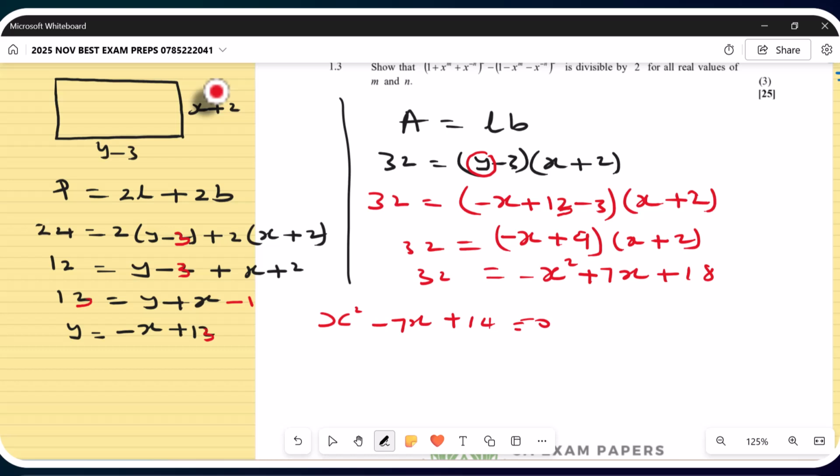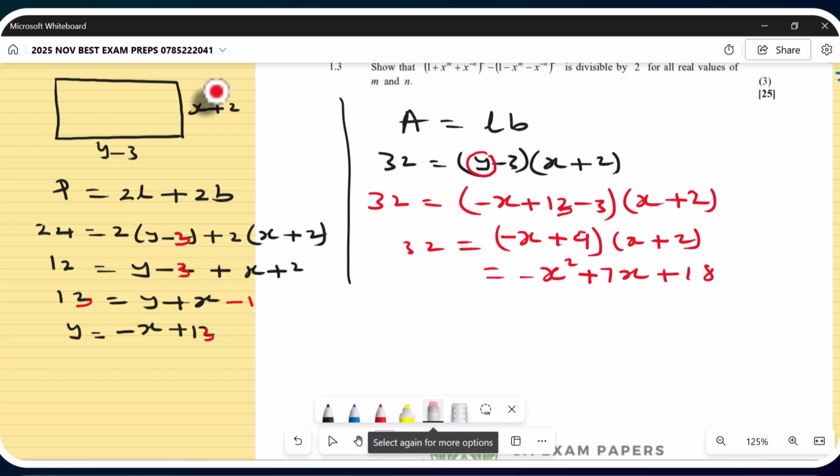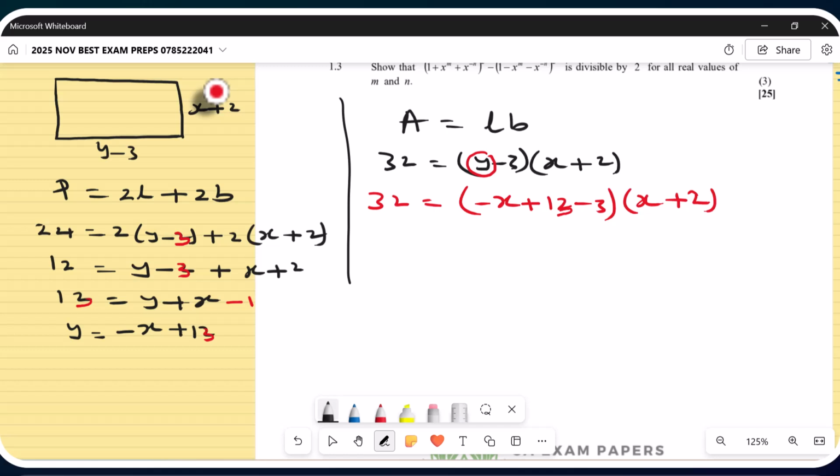Now I can open the brackets properly. So meaning that open brackets here, and I have 32. Now I'm going to get minus x squared here, right? Then here minus 2x, okay. What about here? Plus 10x. What about here? Plus 20 here. So now 32 minus 20, I get 12. What about x squared? It becomes positive, so x squared here.